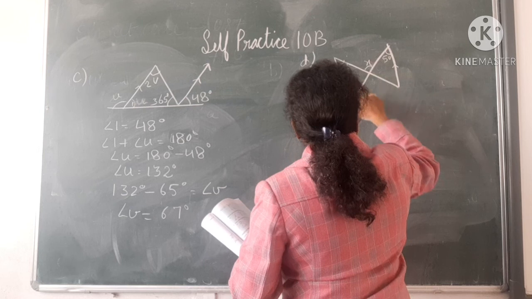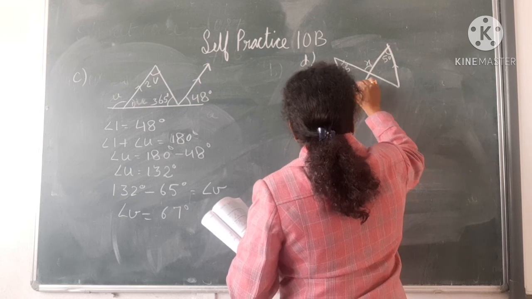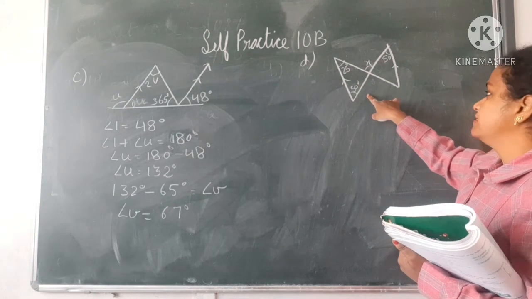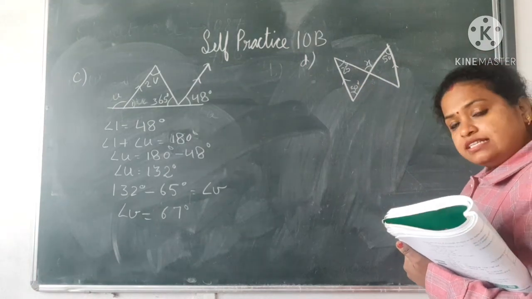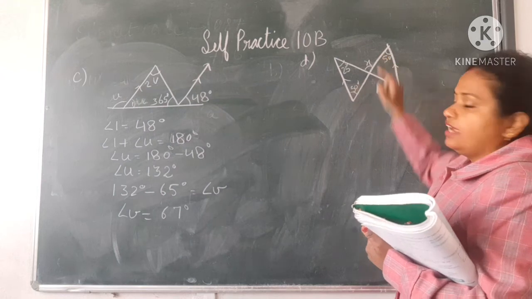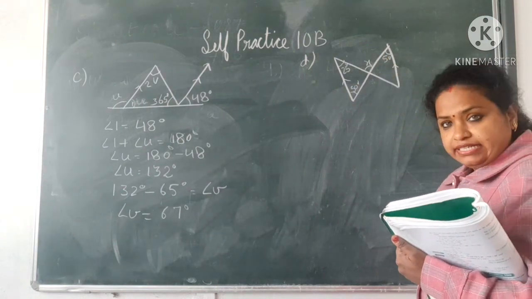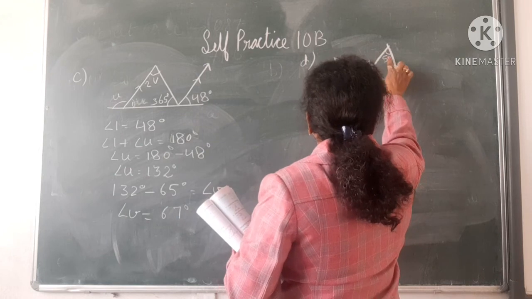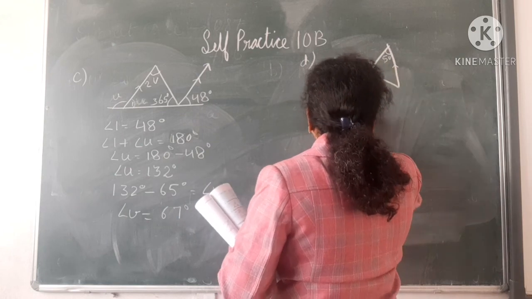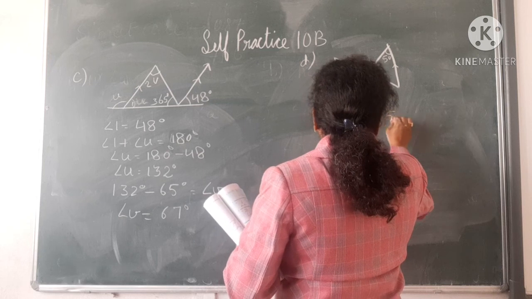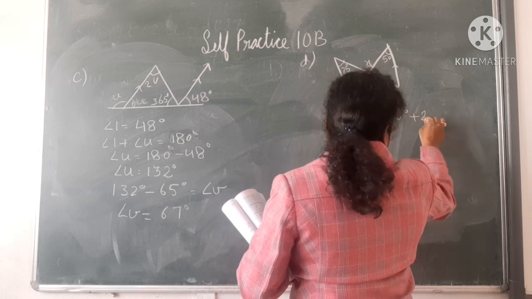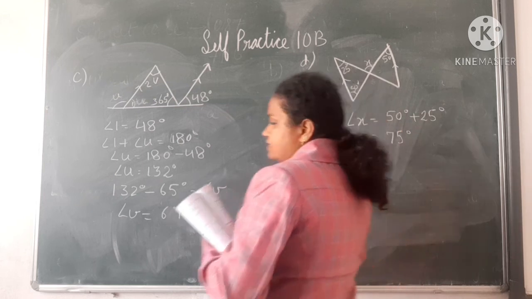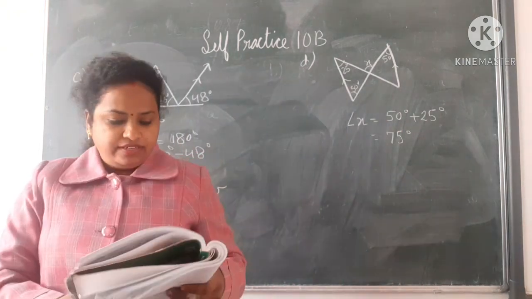When this is 50, this will also be equal to 50 degree, because when two parallel lines are cut by a transversal, the alternate angles on opposite sides of the transversal are equal. Now, if this is 50, this is 50, this is 25, the angle x is equal to 50 plus 25, that is equal to 75 degree. Your x will be equal to 75 degree.